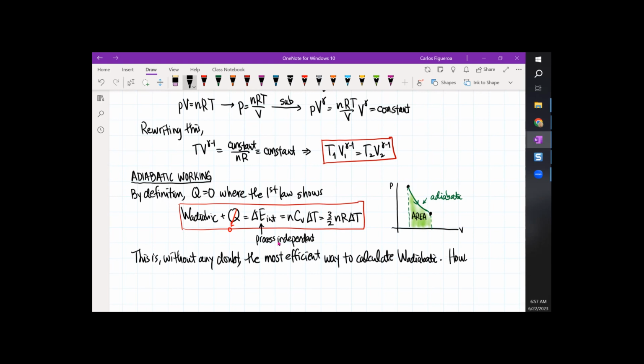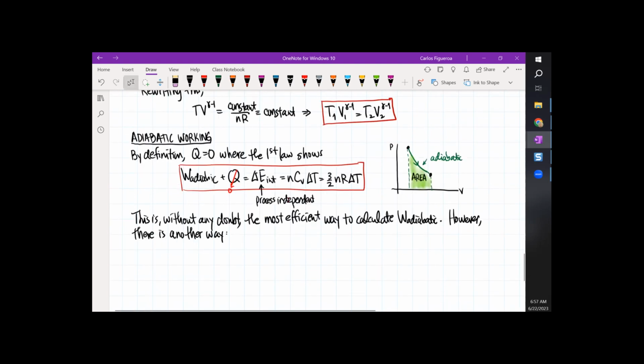However, there is another way. I think this is less useful, but what you could do is take this adiabatic work, which has to be the negative of the integral from V1 to V2 of pressure.